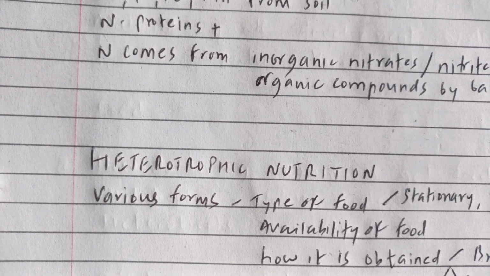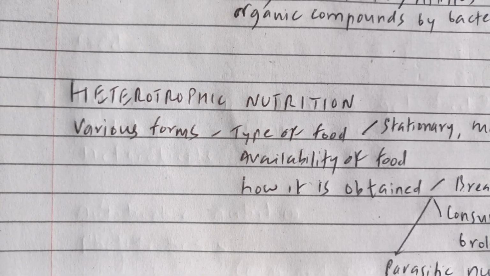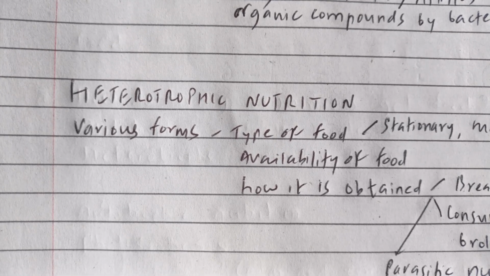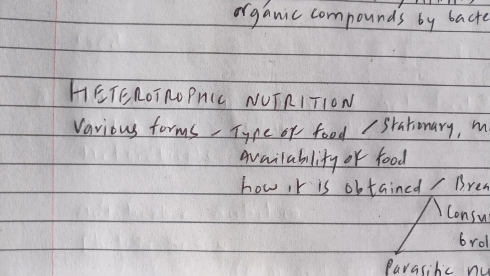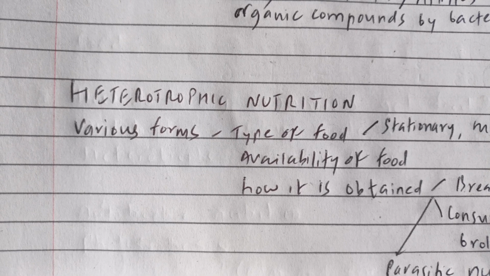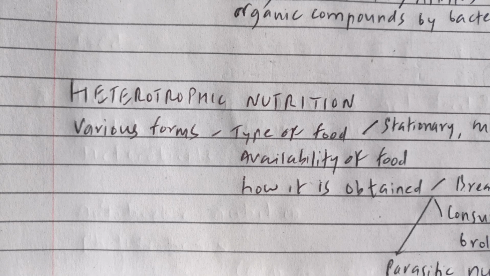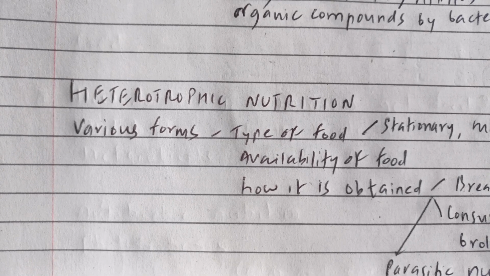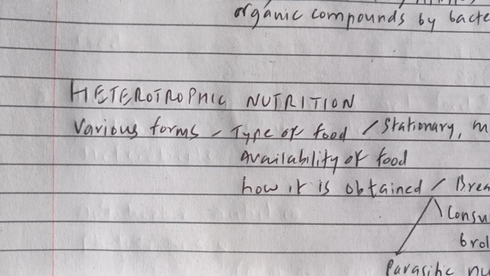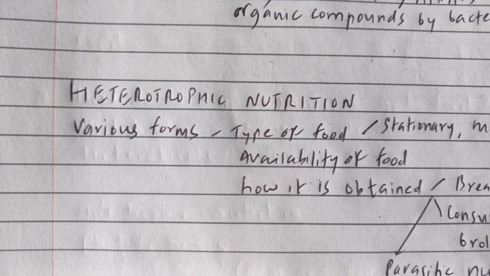Each organism is adapted to its surrounding environment, and the nutrition it takes will depend on the food material that is available, its type, as well as what the organism needs to do to obtain this nutrition. For example, the food source may be stationary like plants or grass, or it may be mobile, like if some animal has to rely on other animals like deer.